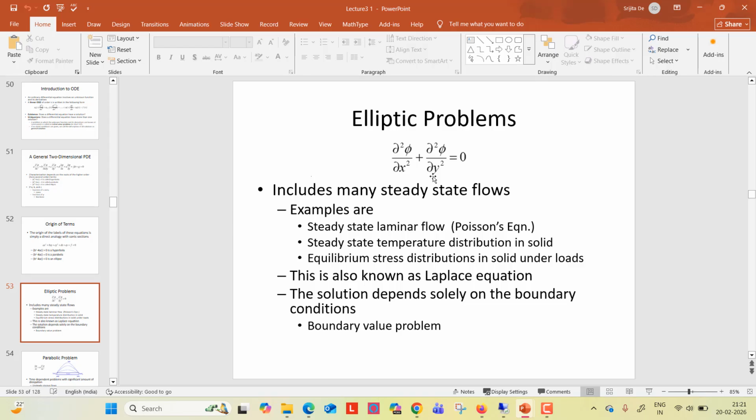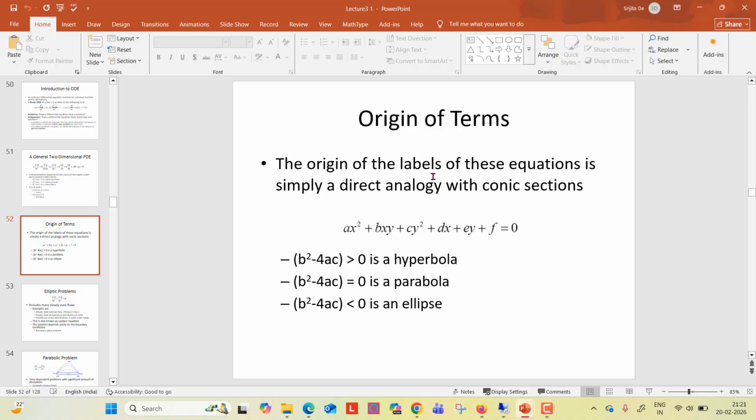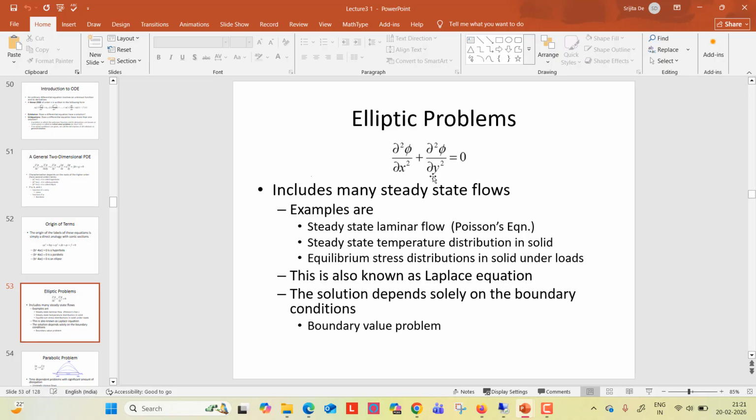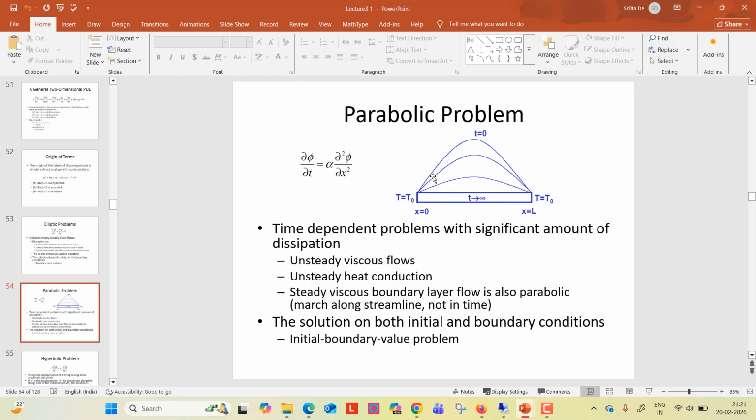The viscous portion is comparable to the elliptic portion, which means b square minus 4ac is less than 0 there. And when these terms are there, right?